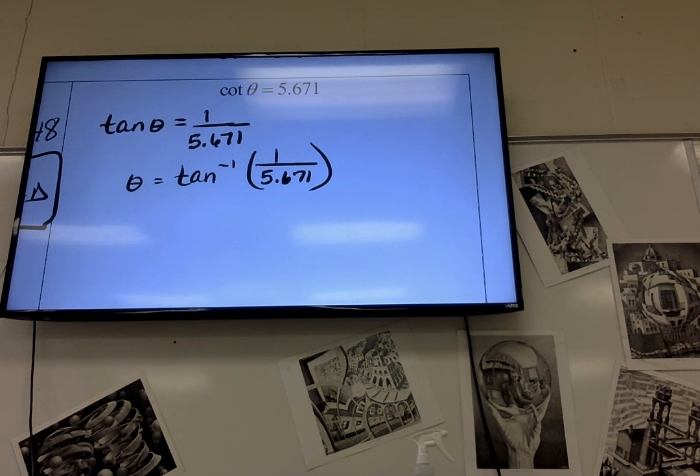I should have found the quadrants first, but that's okay. What'd you guys get? 0.175.